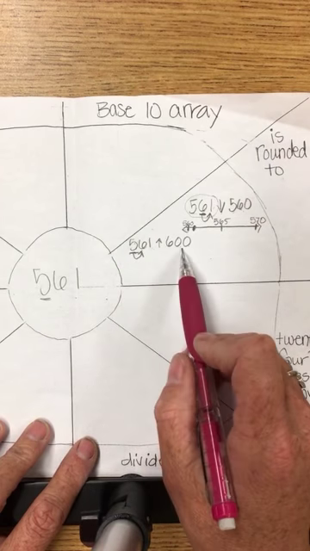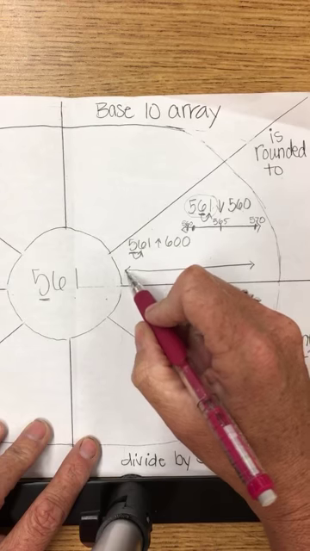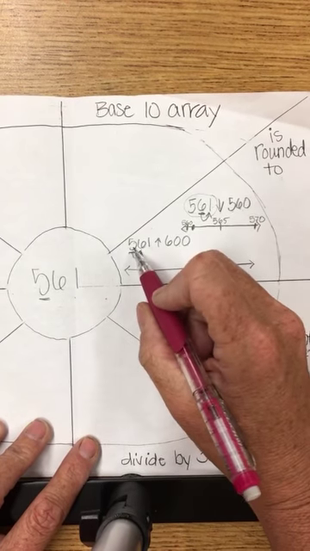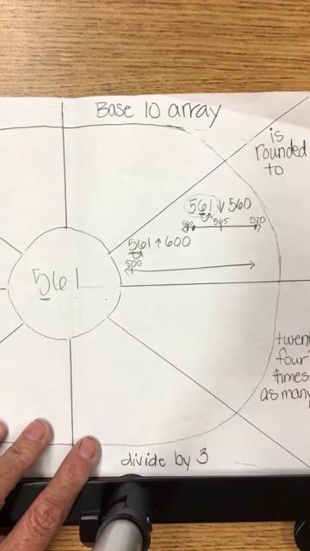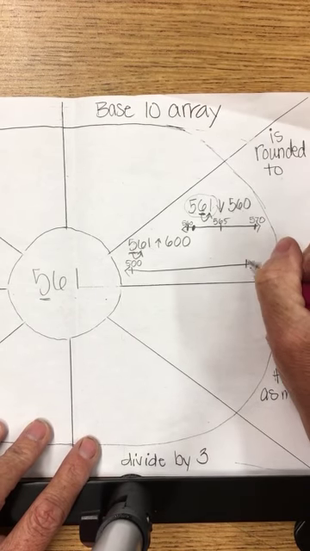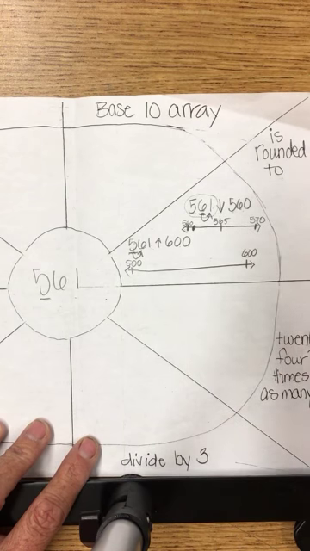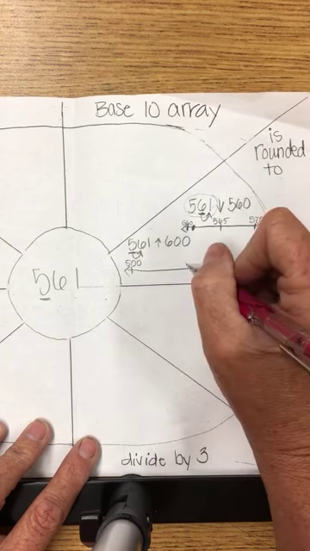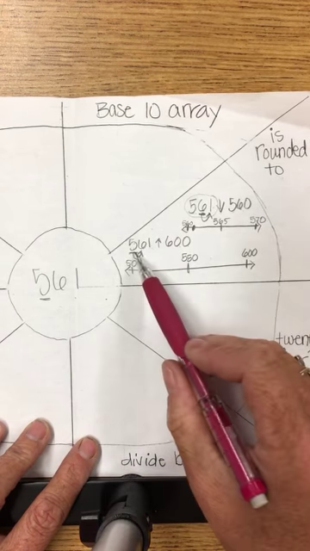Then I can come down here and I can also plot hundreds. Now, because we're dealing with hundreds, we take 500 for our least value and we would round to 600. Okay, the halfway mark would be 550. We have 561.